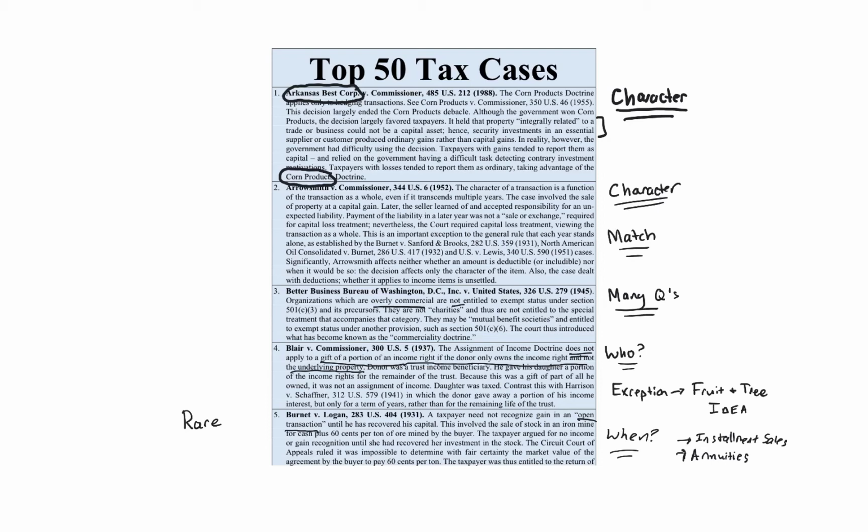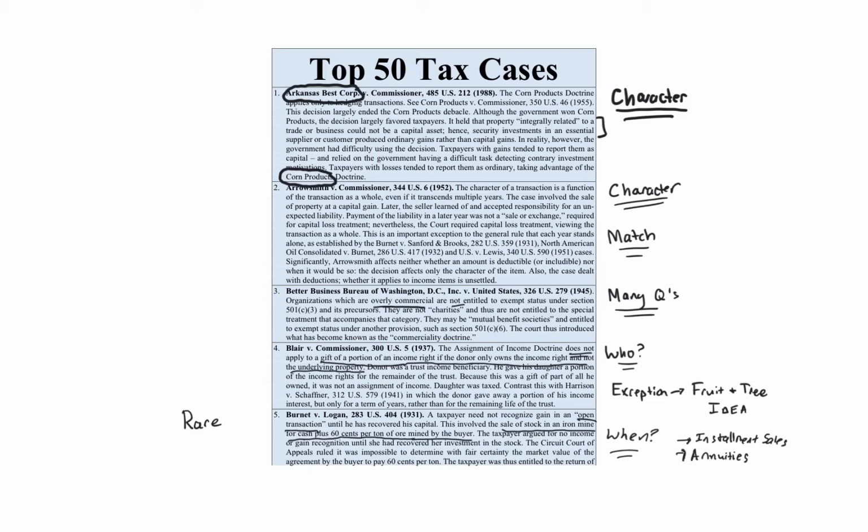So the facts of this case were that there's a sale of stock in an iron mine for cash plus 60 cents per ton of ore mined by the buyer. So the issue is you don't know how much ore is going to be mined. It's a variable amount. So the idea is that as the seller gets more money in the future, they're able to offset their basis up until they eventually use it all up, and then everything after they've used it all up is all tax.